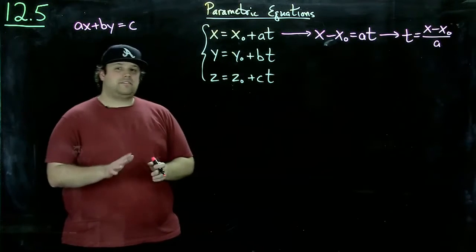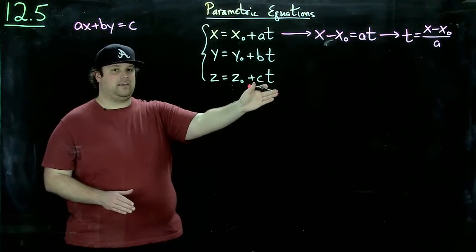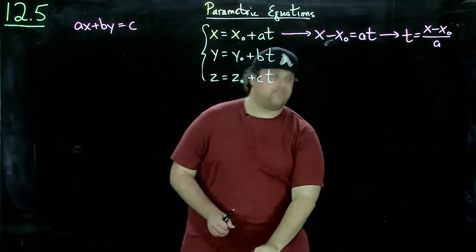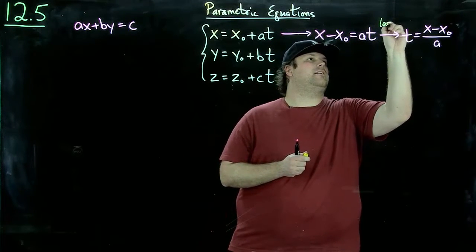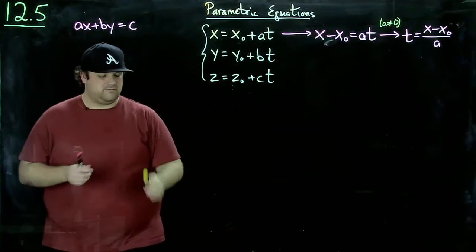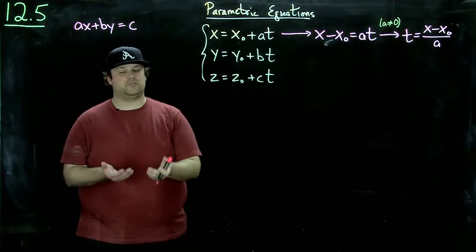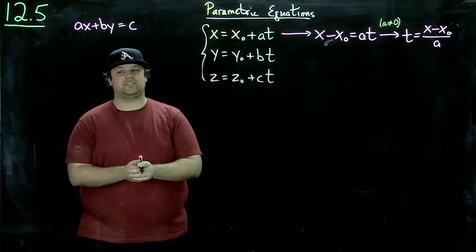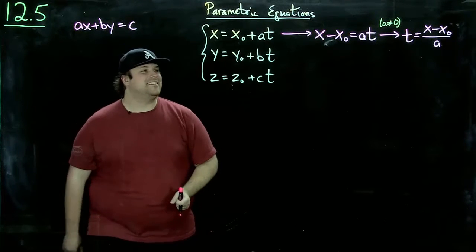We do have to be a little careful when we do this, though. We have divided by a, so we put a little warning in here that a had better not be 0. You don't want to divide by 0, you'll explode the universe. I'm sure you've seen many pictures of people dividing by 0 and giant holes in the ground, for example.